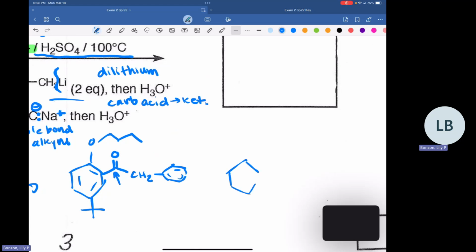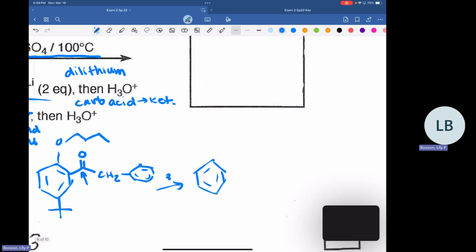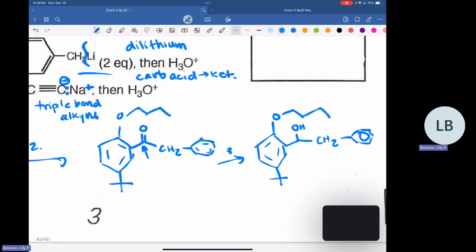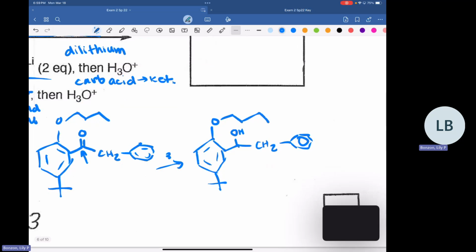So we got, what is this step here? Okay. All right, we've got the group that we just added on. All right, and then we've got our triple bond.